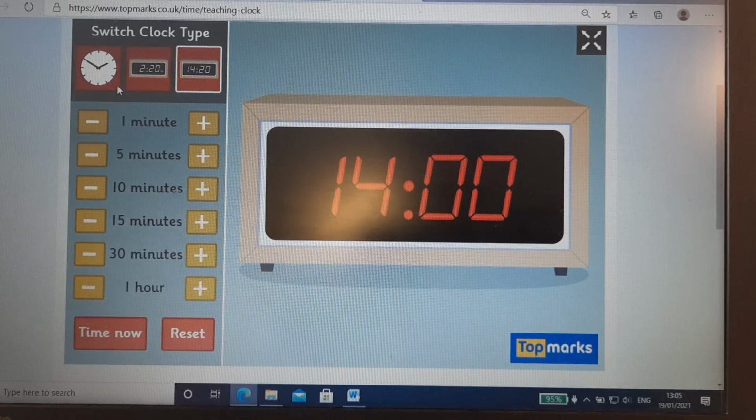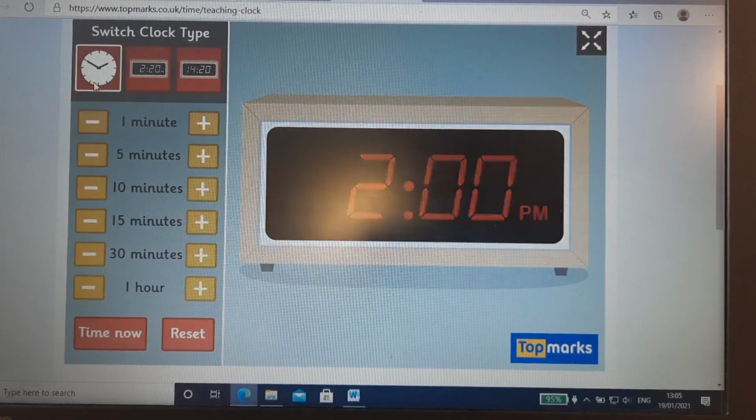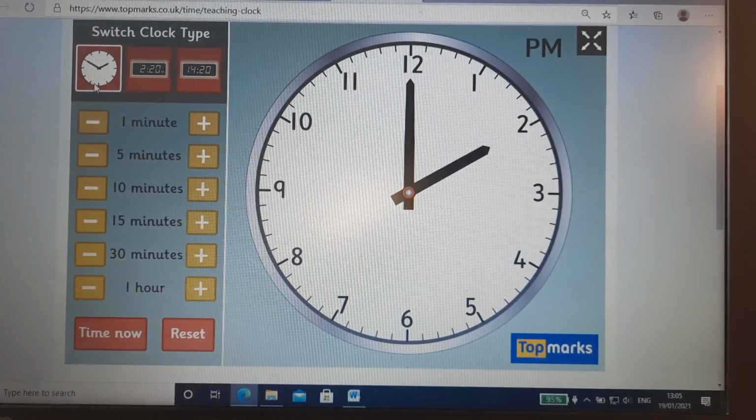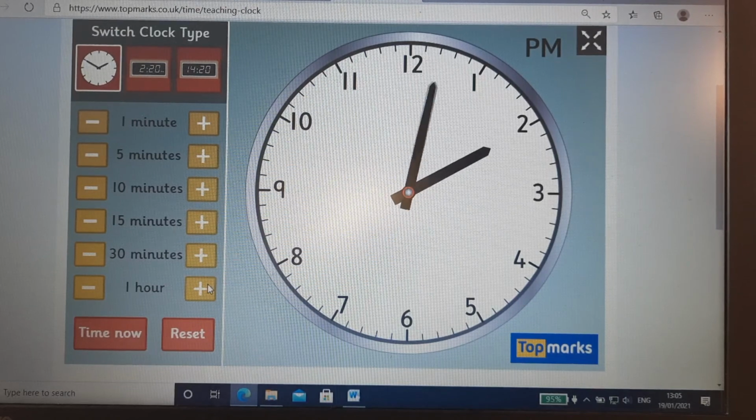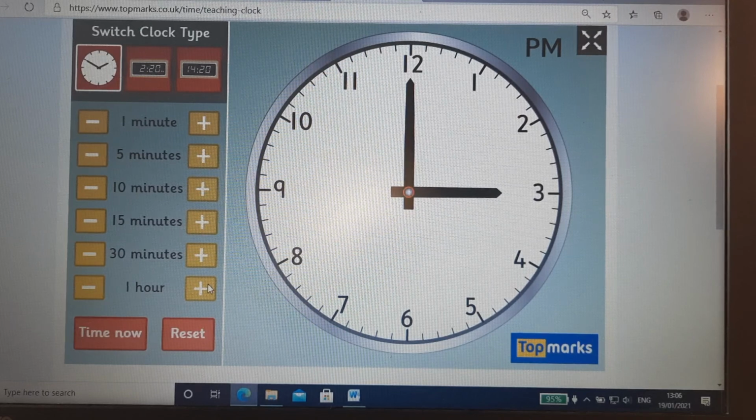Let's go back to our analog clock again. And here we go. I'm now going to fast forward it on 1 hour. And now I'd like you to make a prediction. What do you think 3 o'clock would be in 24-hour clock? Remember, 1 o'clock was 13, 2 o'clock was 14.